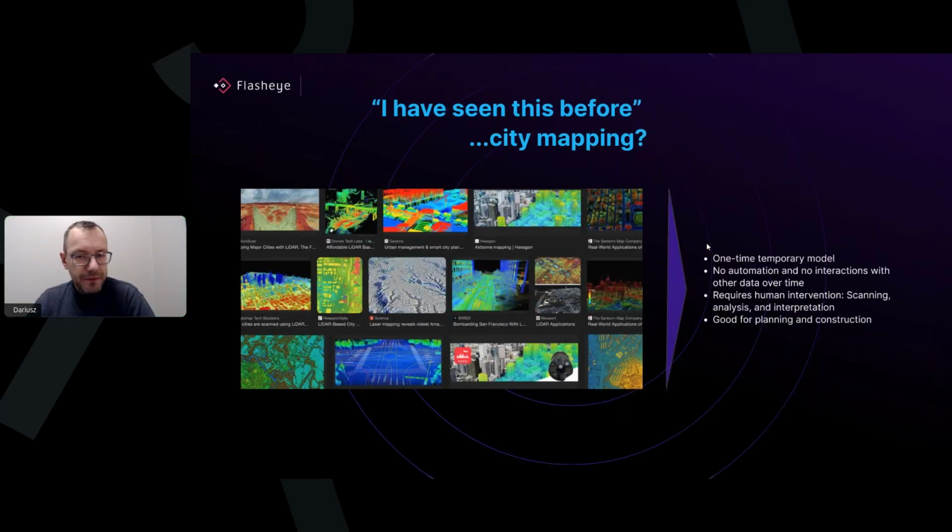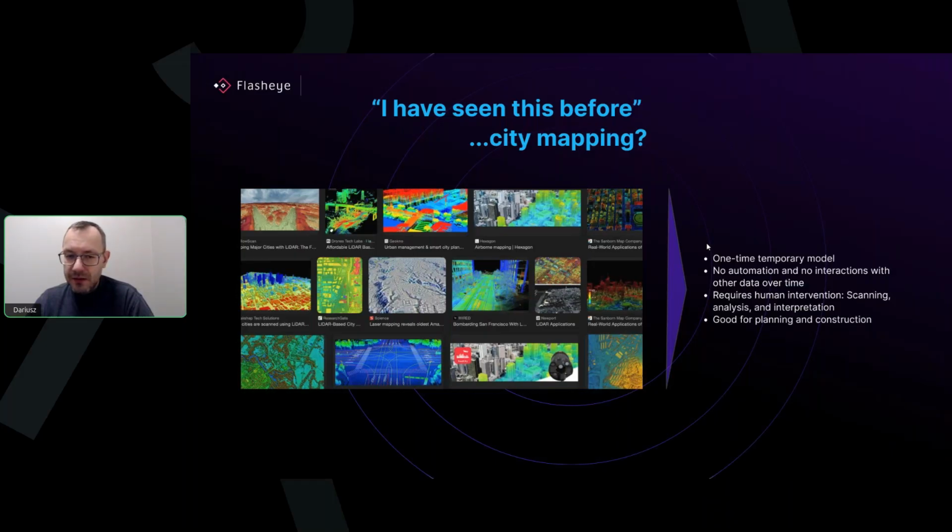I believe the majority of you have seen 3D LiDAR data somewhere and might think, this is nothing novel right now. It was used for a long time for city mapping, for temporary, one-time measurements or making 3D models of a city or space. But you have to remember that this is a single scan.